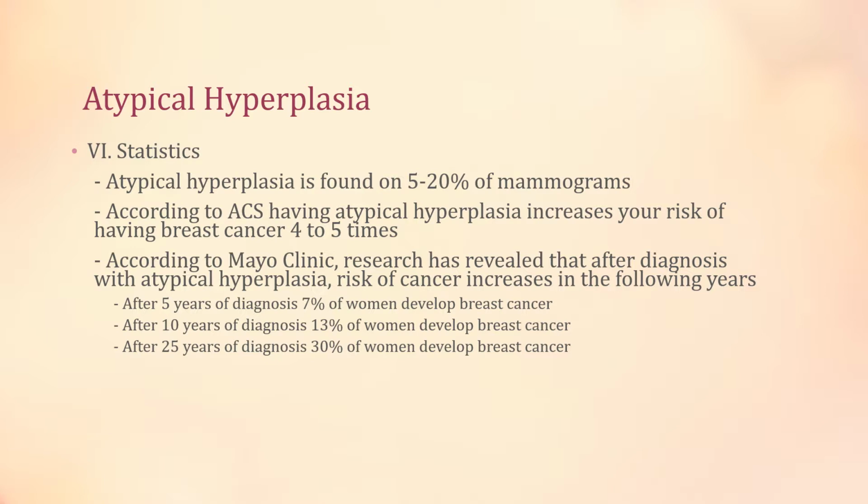According to Mayo Clinic, research has revealed that after diagnosis with atypical hyperplasia, risk of cancer increases in the following years. After 5 years of diagnosis with atypical hyperplasia, 7% of women develop breast cancer. After 10 years, 13% of those women develop breast cancer. And after 25 years, 30% of women develop breast cancer.